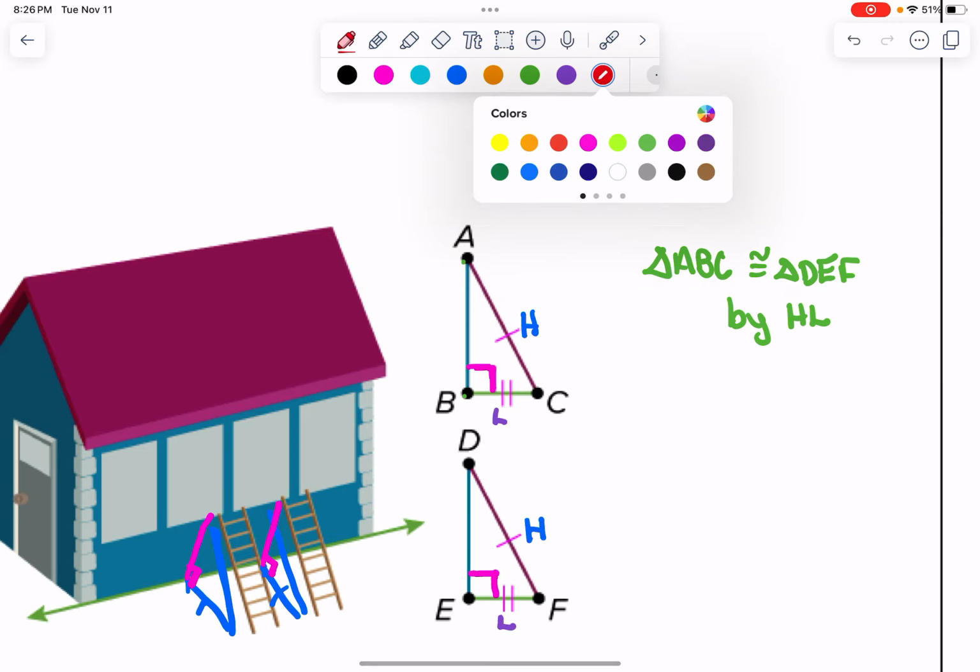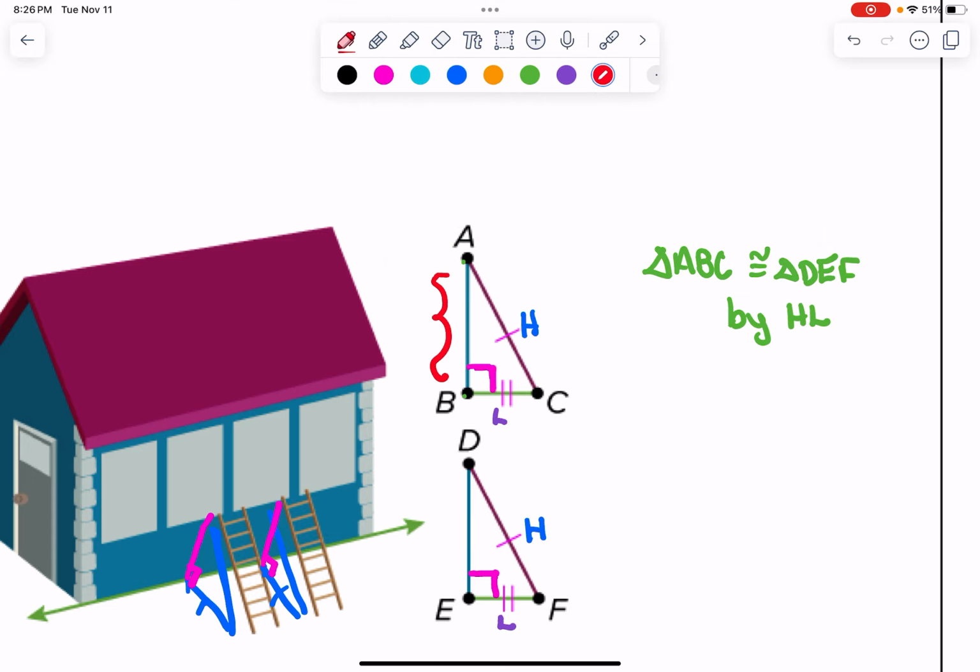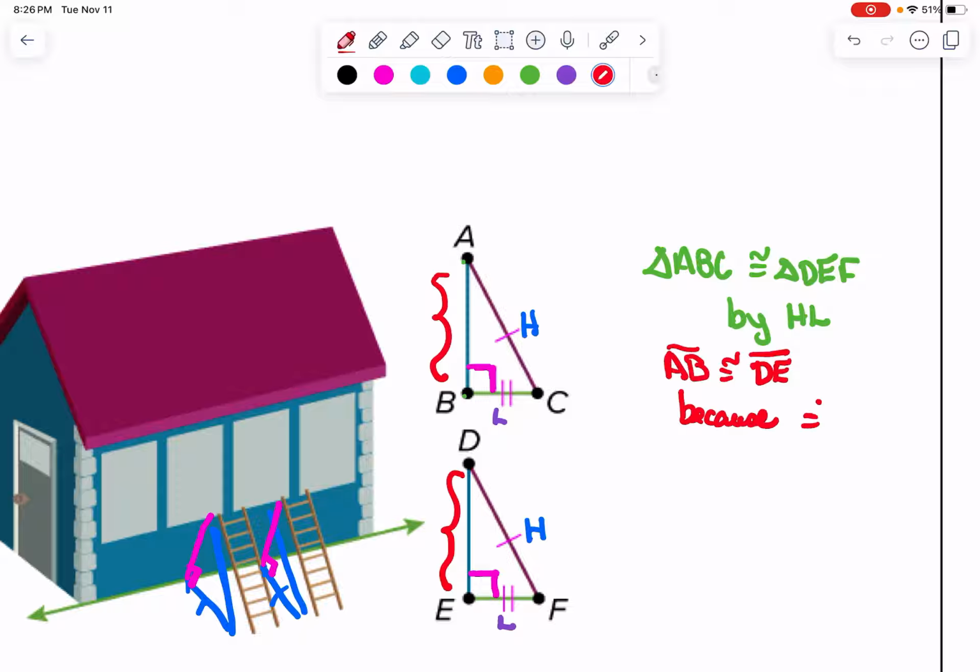So the distance between A and B should be equal to the distance between E and D. Because when you get congruent triangles, we get congruent parts, or corresponding parts of congruent triangles are congruent.